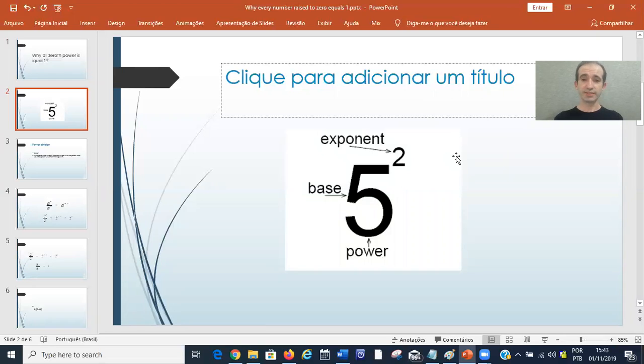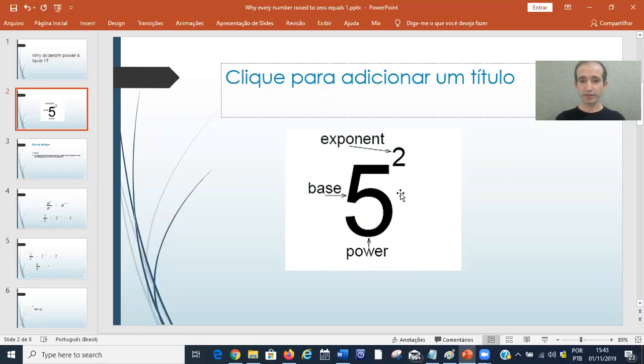You remember these names? We have here the power. The biggest number is the base, and the number above is the exponent.